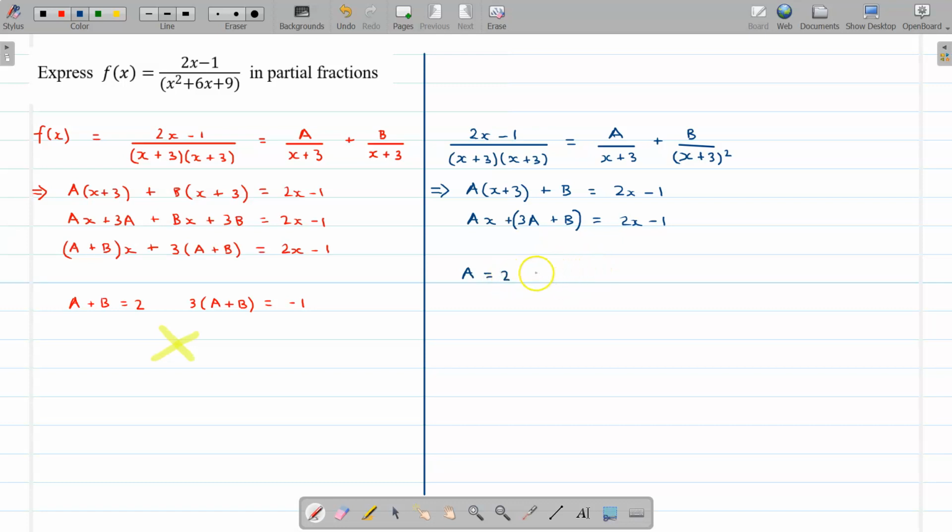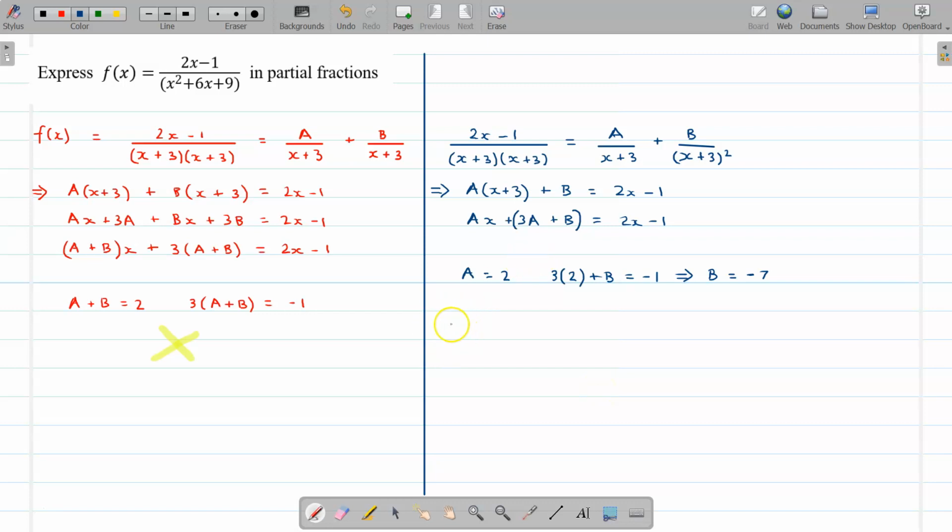And I can say that 3a, 3 times 2, plus b equals negative 1, which means that b equals negative 1 minus 6, so b equals negative 7. And now I found my constants a and b without any problem.